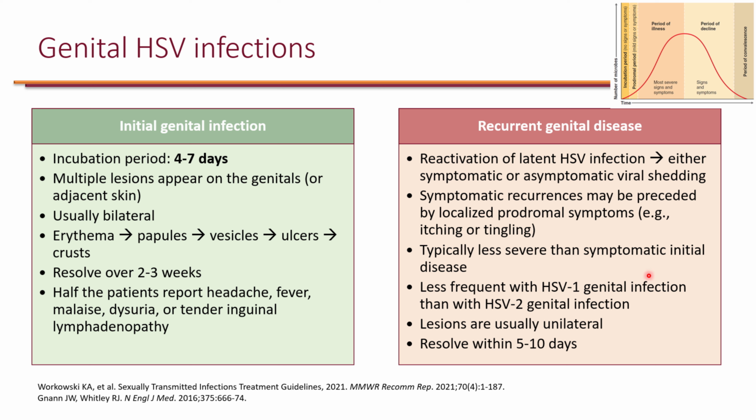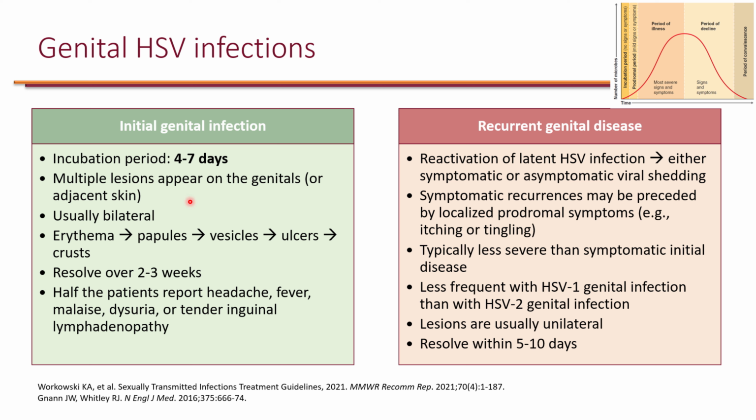Now let's take a look at some of the manifestations of genital HSV infection specifically. One thing to note is that the incubation period is about 1 week, so 4 to 7 days. Essentially, once somebody is exposed, it will take about a week for symptoms to develop. For the initial infection, there are lesions that appear at the site of transmission, so typically the genitals or the adjacent skin.